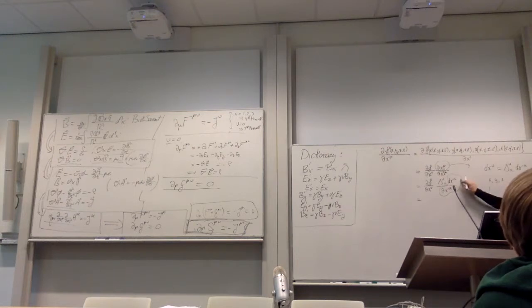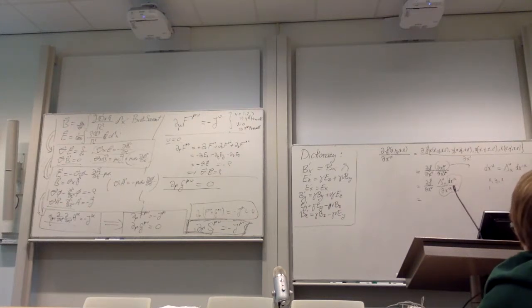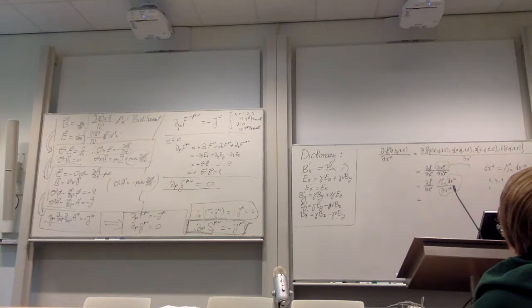Apply the same logic here. I have an alpha, some value, and I take the derivative with respect to mu. Do you now see that if alpha is not mu, you're taking derivatives with respect to things that have nothing to do with each other, and that will give you just 0?